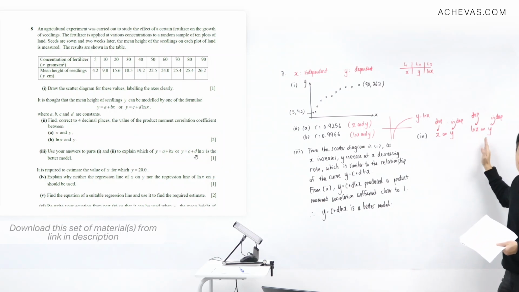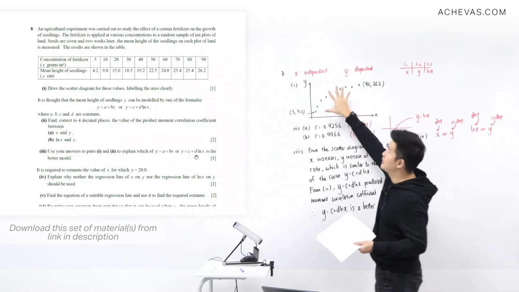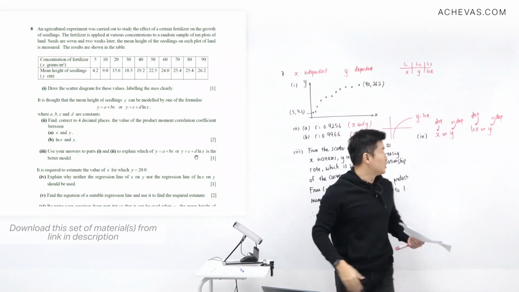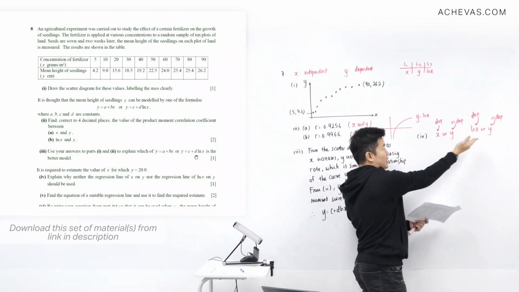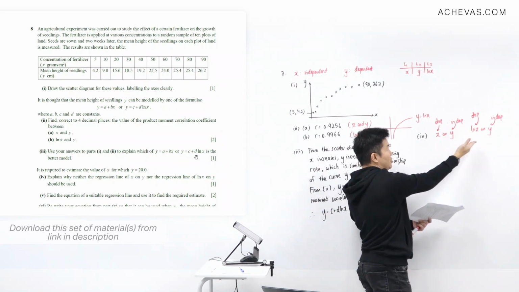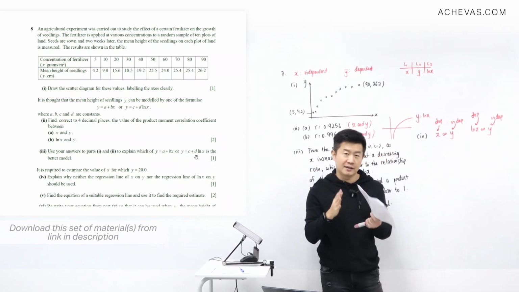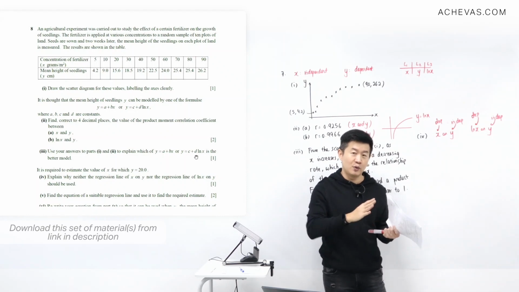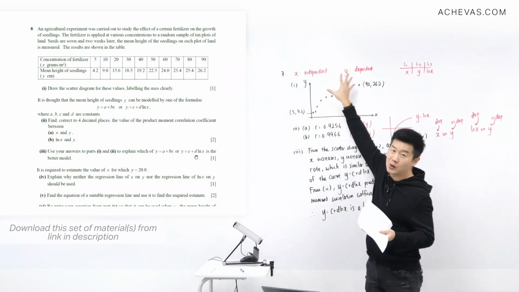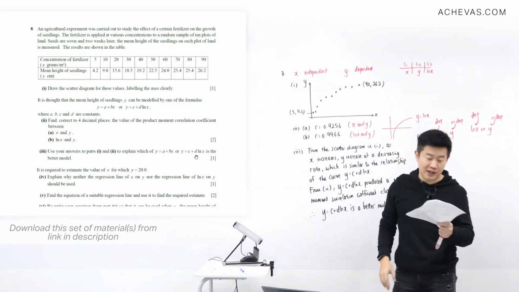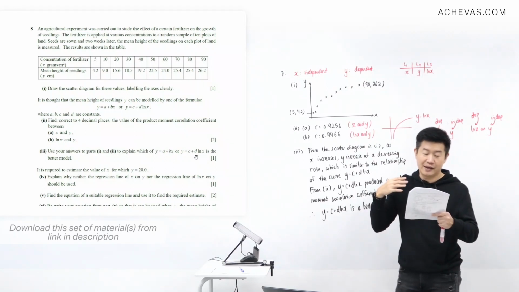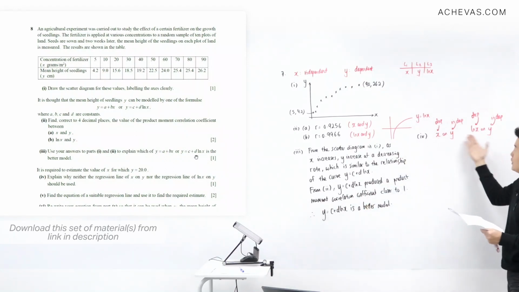We can also use this to predict x for the given y. But the experiment is being carried out with x as the independent. So using these two relationships makes x the dependent and y the independent, which goes against how this experiment is being carried out. That is why we cannot use either of these.